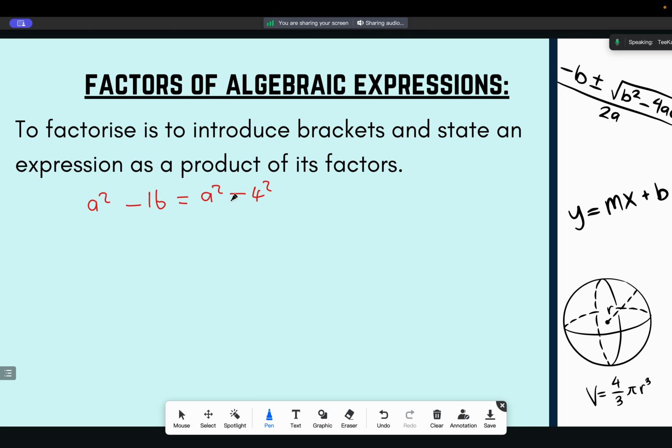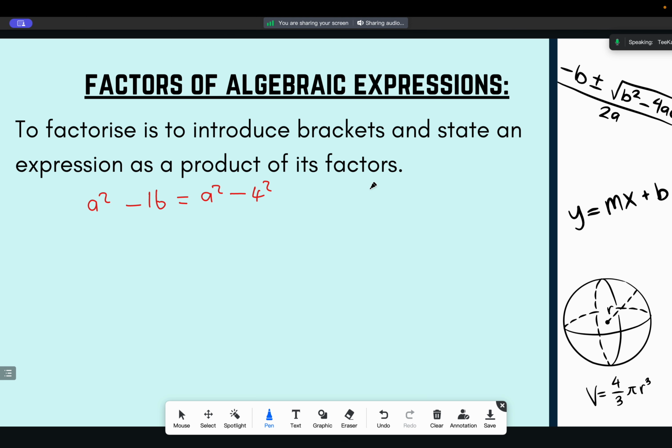We talked about difference of two squares. If you don't know that, you can go and check the last video we did. But okay, let's do that very quickly.